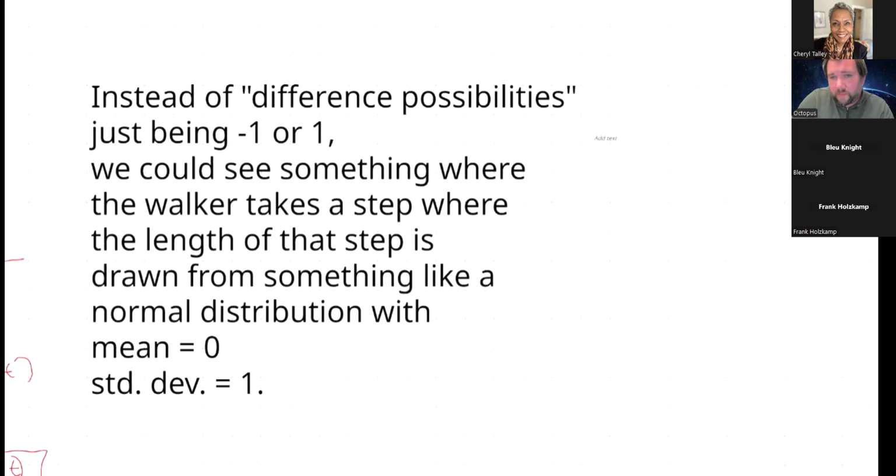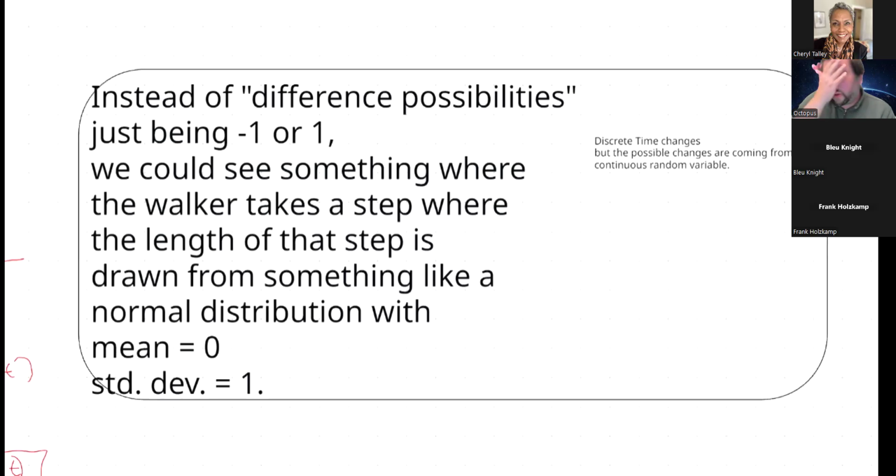And this would be something where we're looking at discrete time changes, but the possible changes are coming from a continuous random variable. And then that actually creates our sequence of random variables. And this is still just a stochastic difference equation.